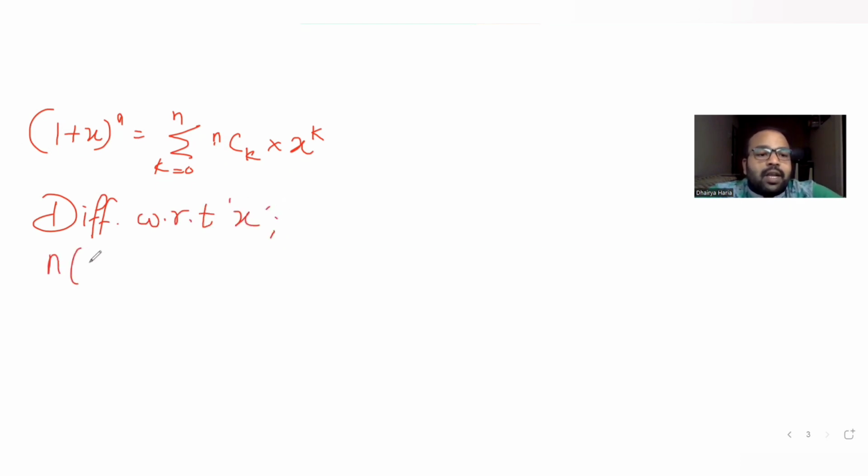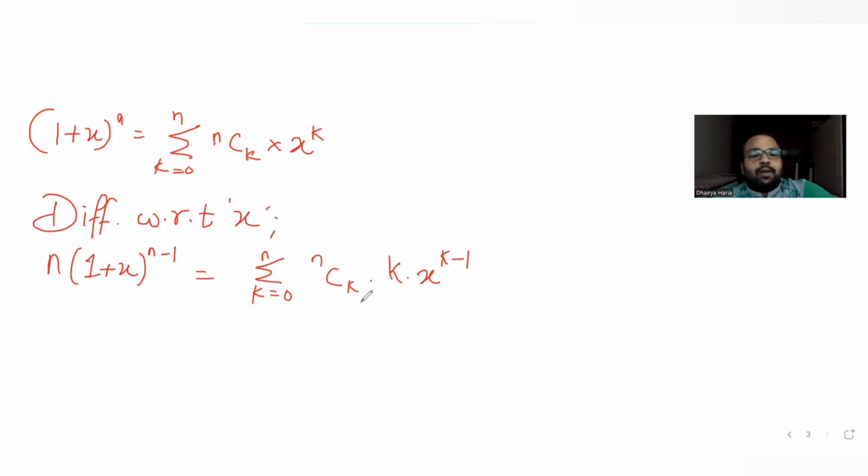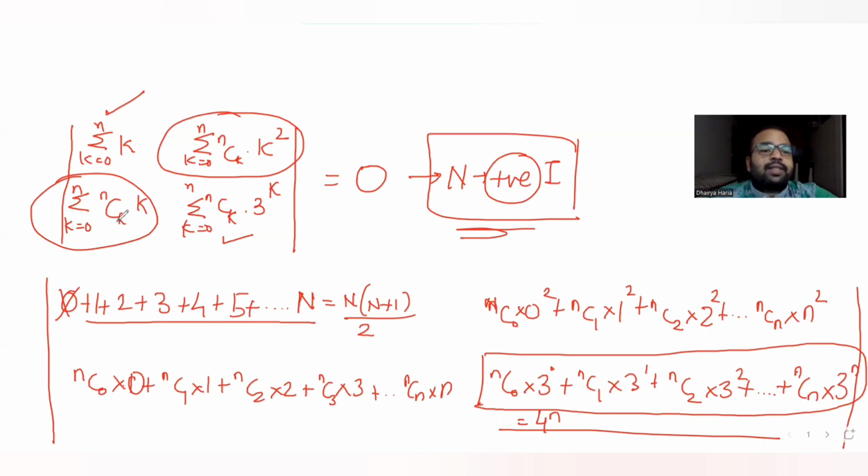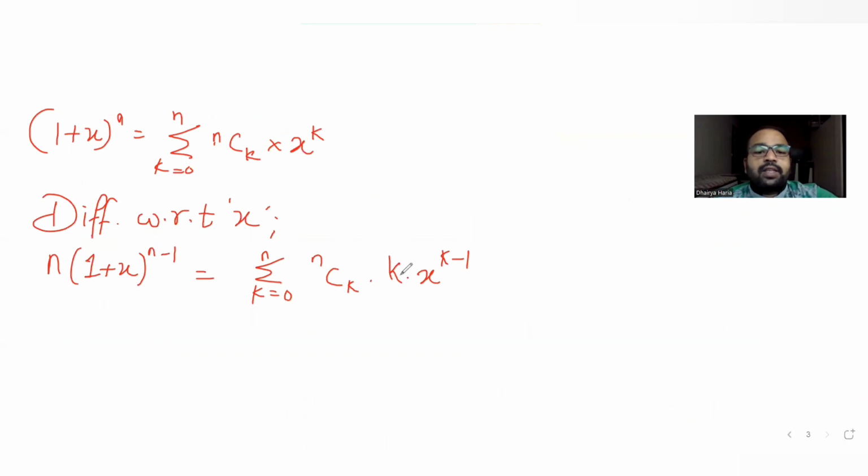I get n into (1 plus x) raised to n minus 1, that's equal to summation k equals 0 to n, nCk, and I can write this as k into x raised to k minus 1. Now if you see, the first expression tells us nCk into k, which is what we need.